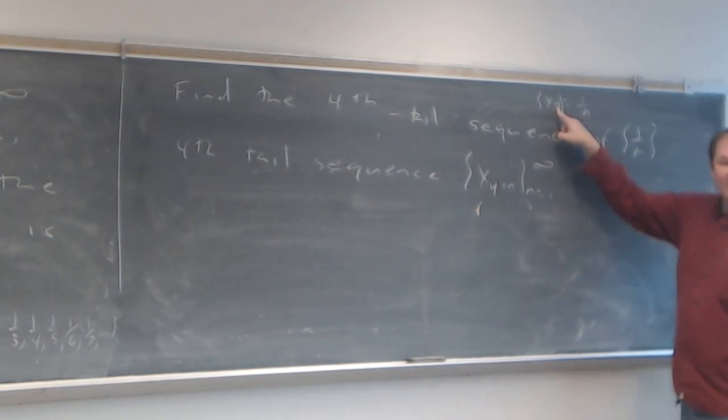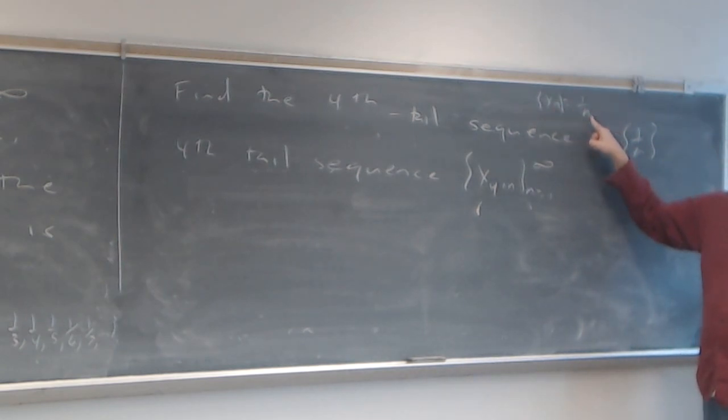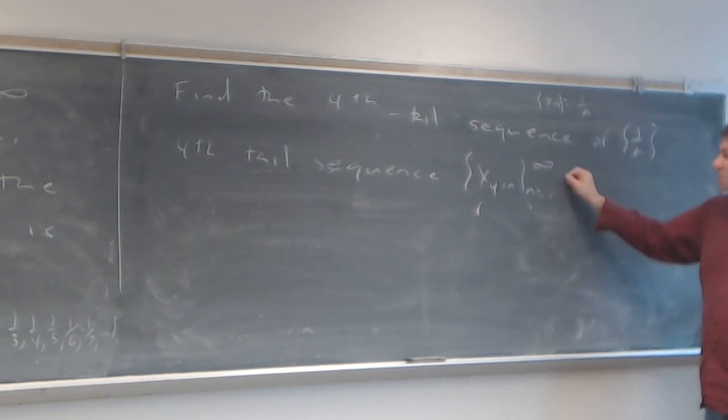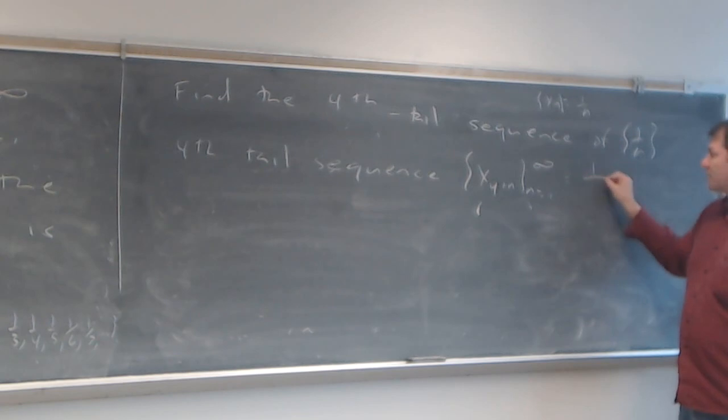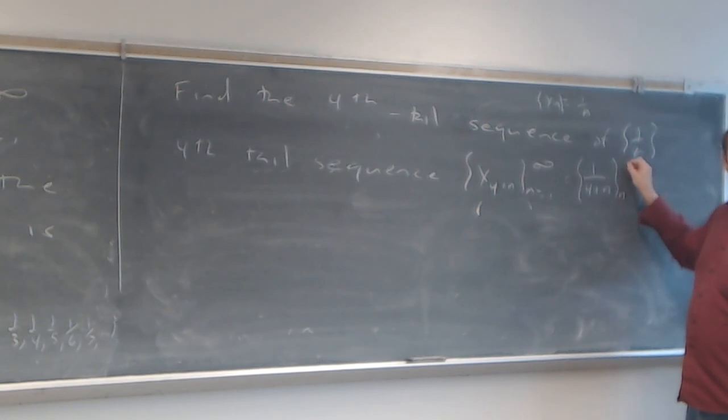So the index here matches what's underneath. So here our index is 4 plus n. So what we're going to have is 1 over 4 plus n as n runs from 1 to infinity.